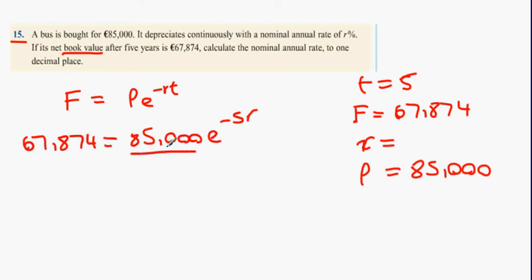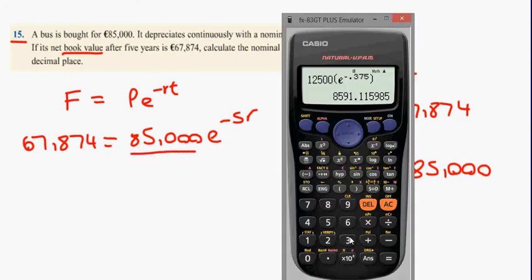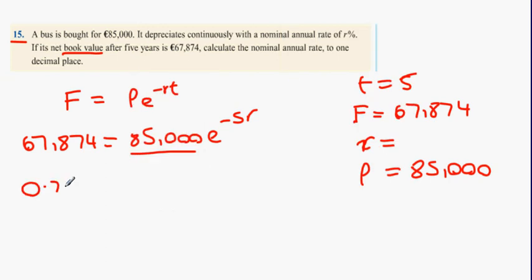Okay, now divide 67,874 by 85,000. And what we get is 0.7985. And that equals e to the minus 5r.